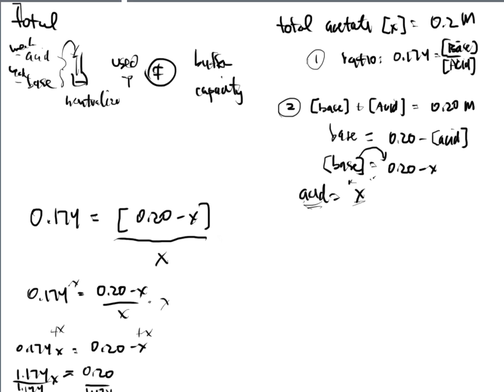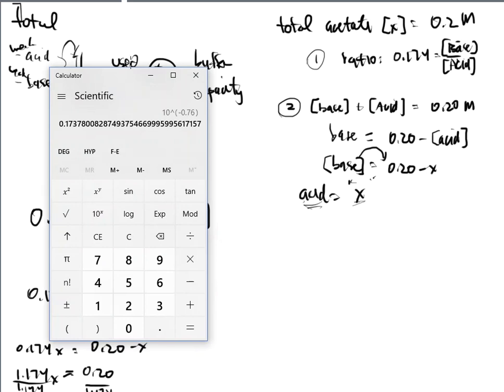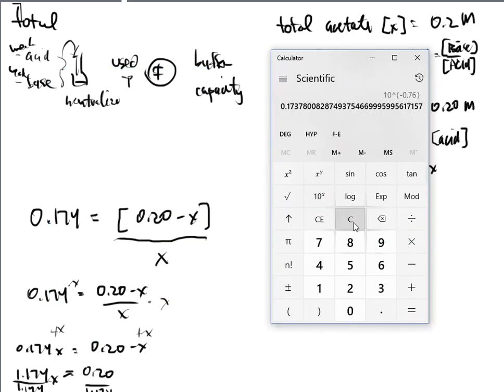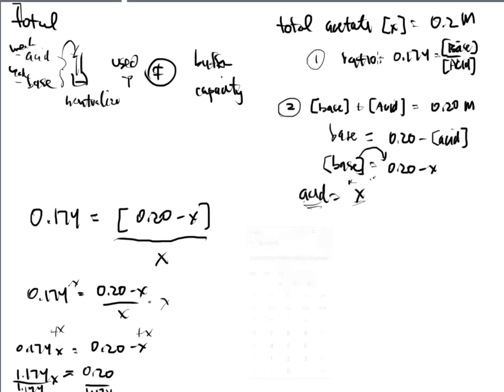So if I bring up my calculator, I'm going to take 0.2, which is the total amount of acetate that I should have, divide it by this 1.174, and I'm going to get 0.170.